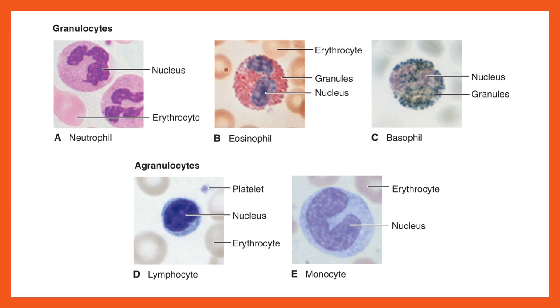Monocytes have a distinct U-shape; their nucleus has a U-shape. This is a depiction of different types of cells. On the background, you can see these pale circles, which are the erythrocytes, not really defined on this picture from the microscope.